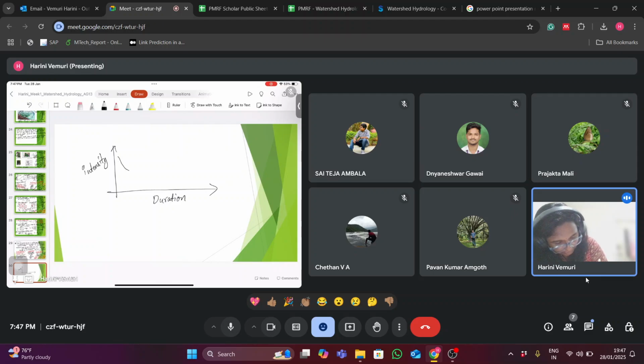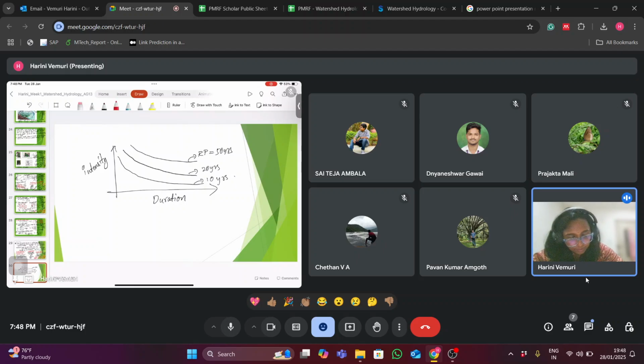As the duration increases, the intensity decreases. The curve will be like this. And as the return period increases, the intensity amount increases. Suppose this is for 50 years, this is for 20 years, 10 years, like that.